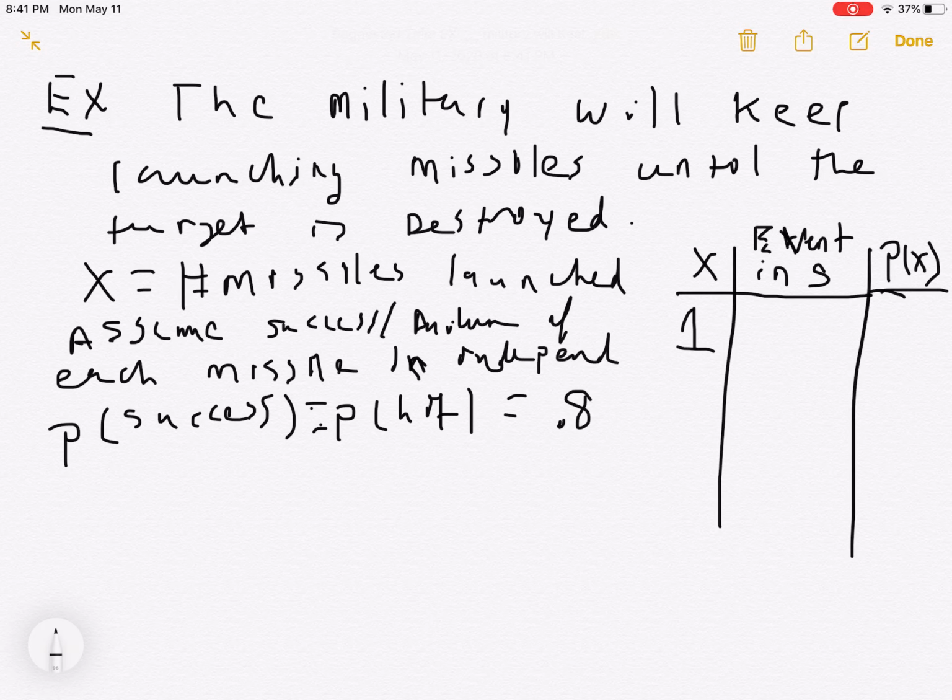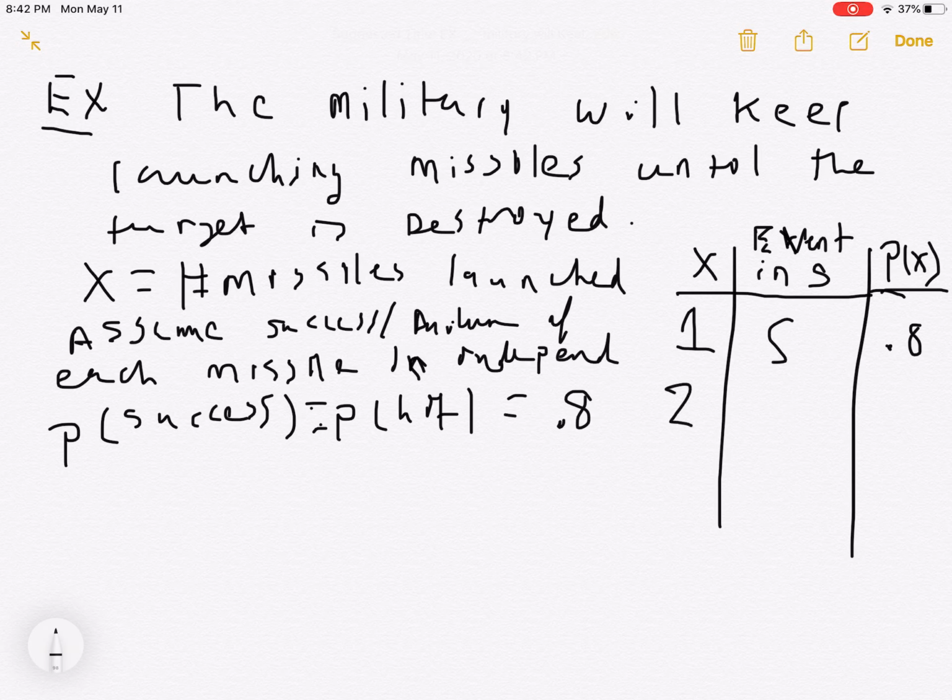You need to at least launch one missile. You need to try to hit the target, and then you'll get success on your first try, and its probability is just 0.8. So you try, you're on your first attempt, you get a success, and that probability of success is 80%.